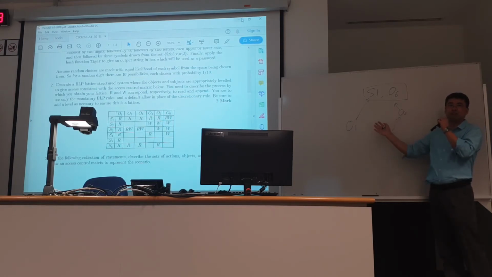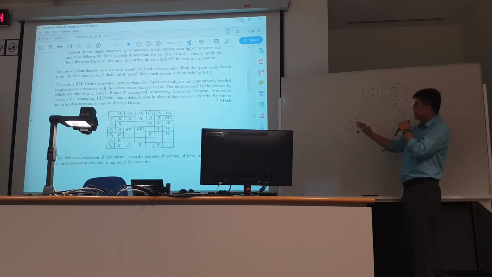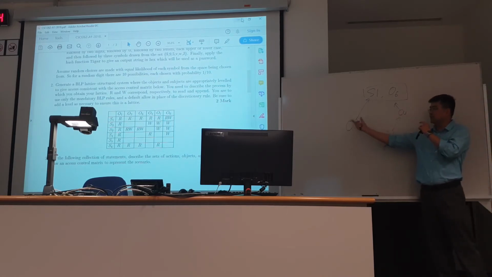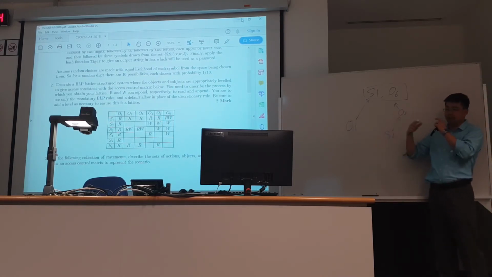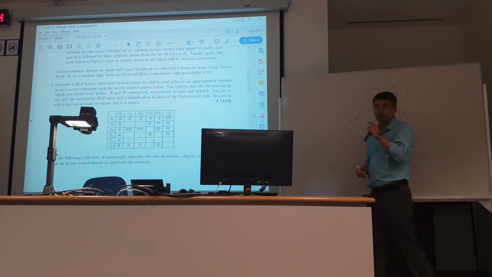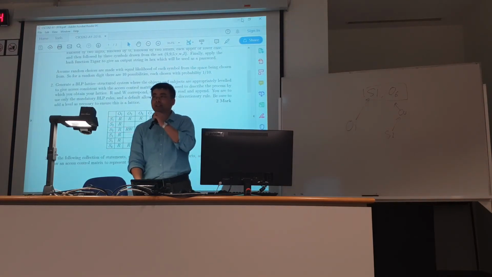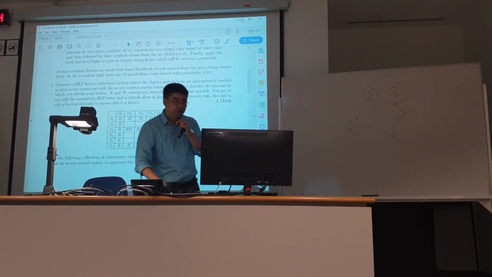But if you cannot find some clue that shows O1 equal to O4, you separate them. But if you can find some clue saying actually O1 and O4 are at the same level, then you can group them. That's basically what you need to do for this exercise, right? Any other question?